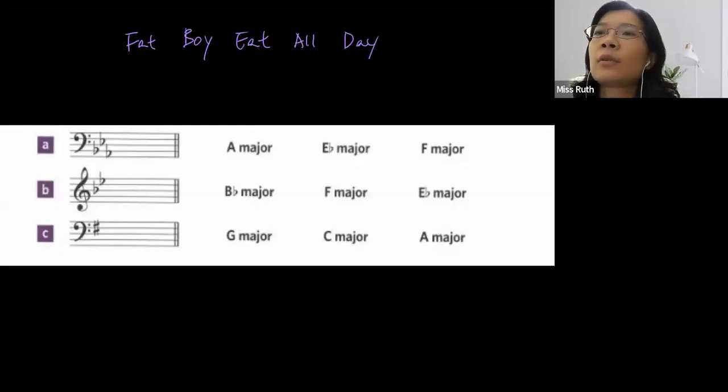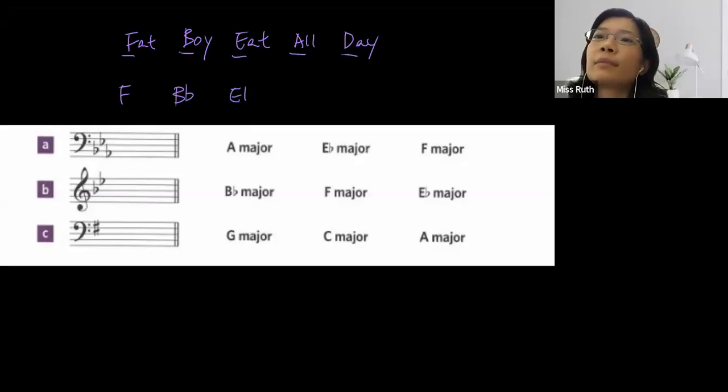Because interestingly, for the major scales with flats, we usually need to add one flat for each name. The first one is F major, but the second one is B flat major. The third one is E flat major, like this.